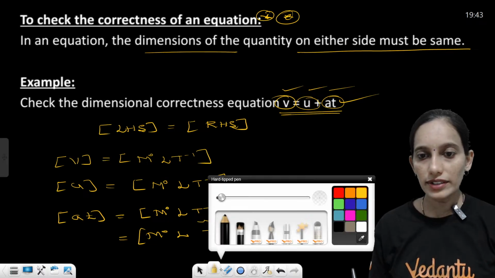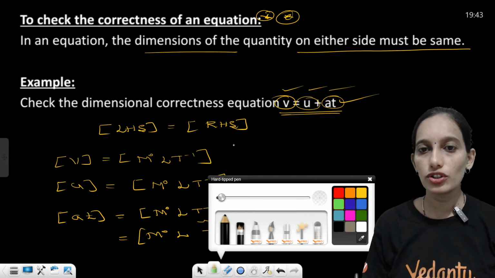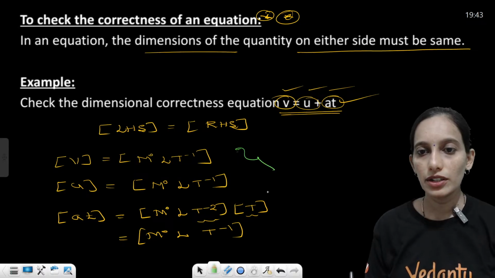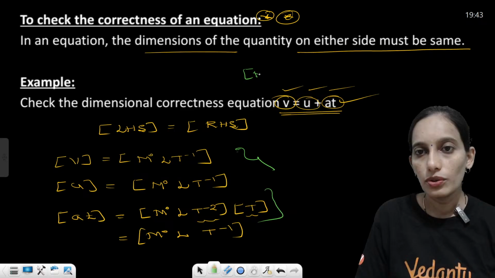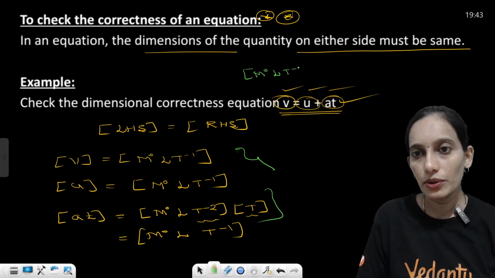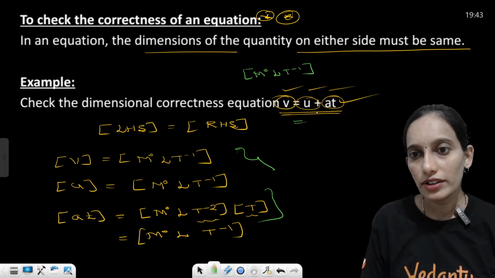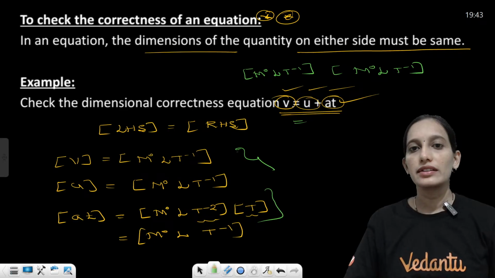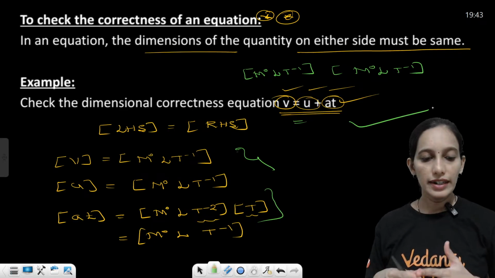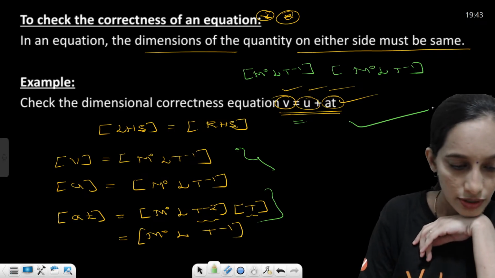So all the terms have the dimension M^0 L T^-1, right? So we have M^0 L T^-1 on the left hand side, and the right hand side also has M^0 L T^-1, and this is a correct equation in terms of dimension. Is that clear?